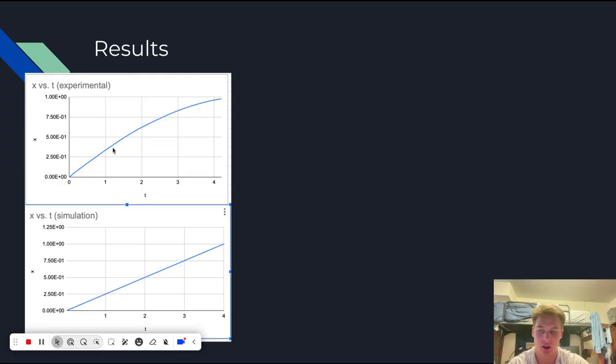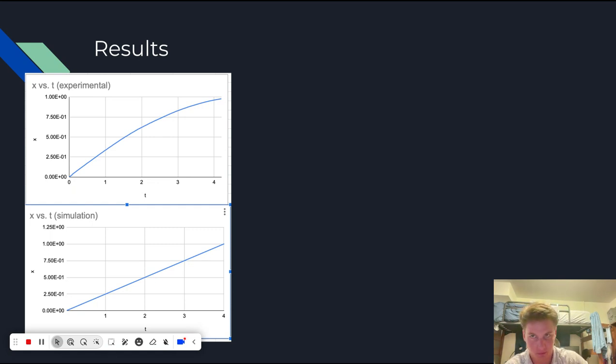That decrease in slope, and because the slope of the graph is the same thing as the velocity, is a decrease in velocity. And a decrease in velocity, going back to Newton's second law, means that there must have been some net force acting on the system from the surroundings.